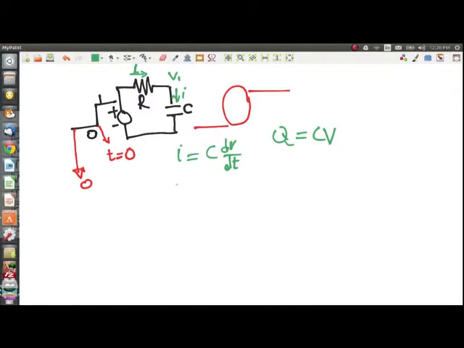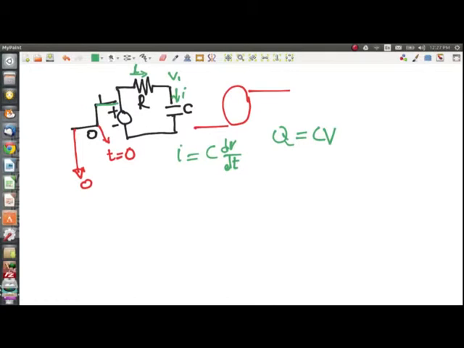Now I just have to write that this voltage, which is eventually 1, is, I can assume that everything is starting from after 0, because before that the voltage is 0. So I'm going to say at all time from here onwards it's going to be 1.